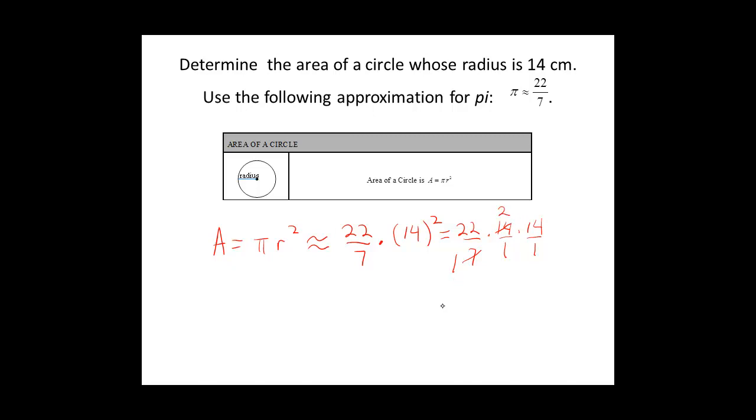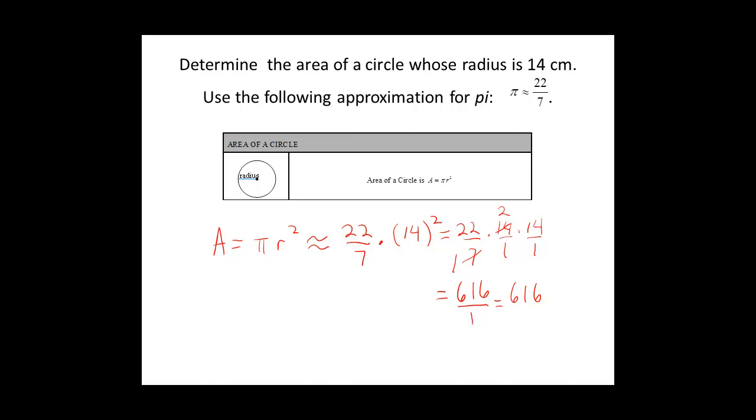We don't have any more factors in the numerator and denominator to divide out, so we will multiply across. 22 times 2 is equal to 44, and 44 times 14 is equal to 616 over 1, which is 616.